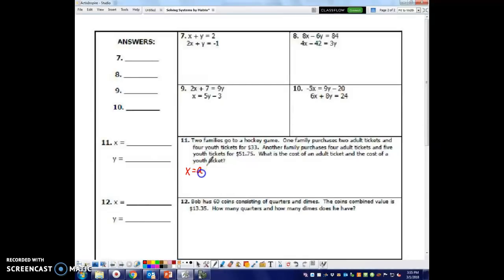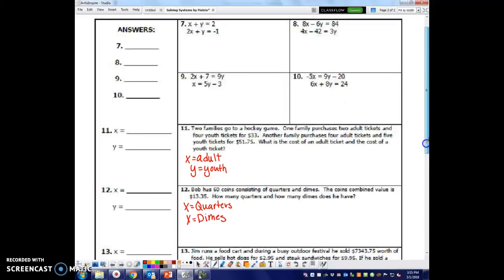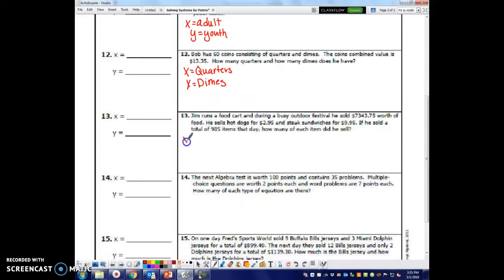X will be adult tickets. Y will be youth. Here, X will be quarters. Y will be dimes. X here will be hot dogs. And Y will be steak sandwiches.